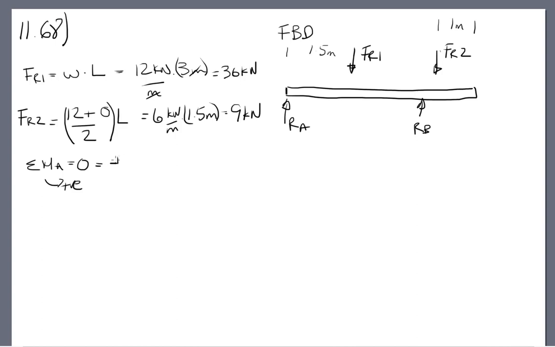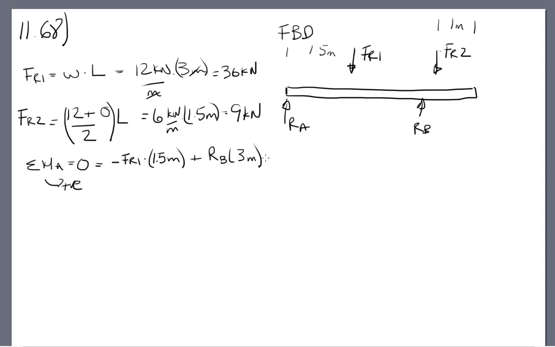negative FR1 times 1.5 meters. And then you're going to have RB, which is acting in the positive direction, RB times 3 meters.